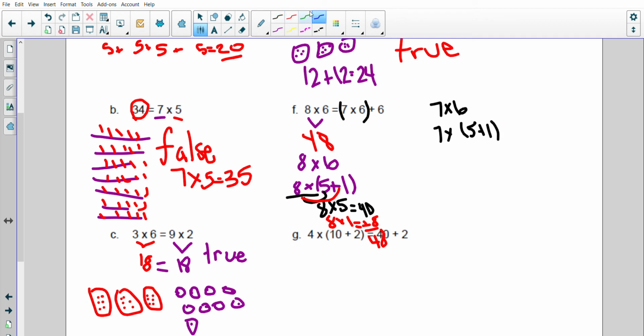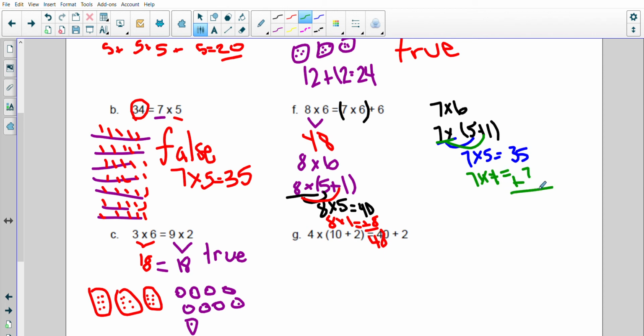Okay. Now I'm going to distribute 7 times 5. Skip counting. 5, 10, 15, 20, 25, 30, 35. Also distributing here the 7 times the 1, so 7 times 1. Anything times 1 is the other number. There we go.